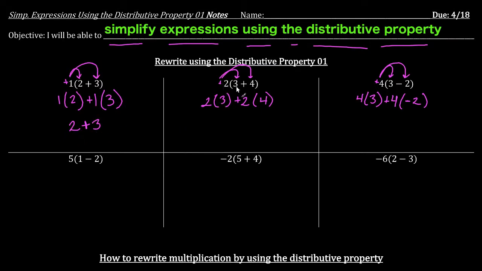So a positive times a positive is a positive. 2 times 3 is 6. A positive times a positive is a positive, so we write plus. 2 times 4 is 8. Right? So a positive times a positive is a positive. 4 times 3 is 12.